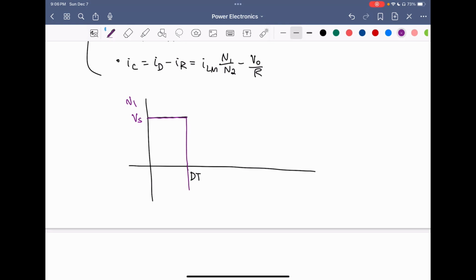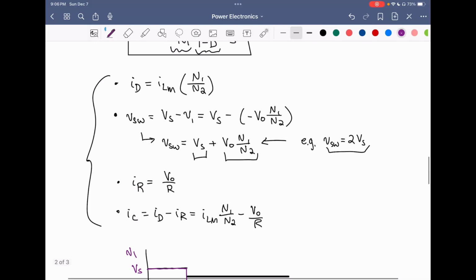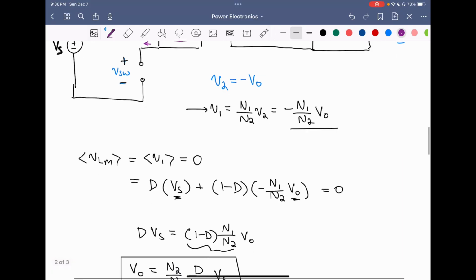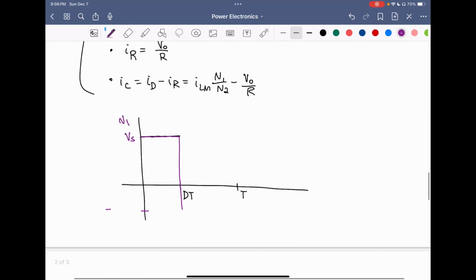And then in the D prime T interval, it's equal to, as we know, V1 equals negative N1 over N2 VO. And in the next cycle, it'll repeat again.